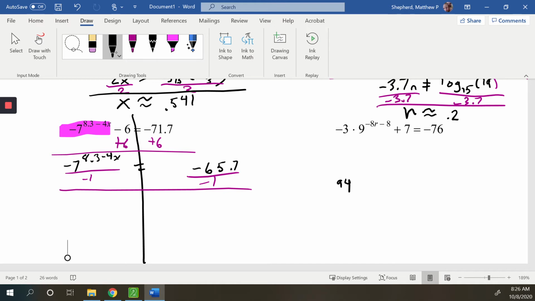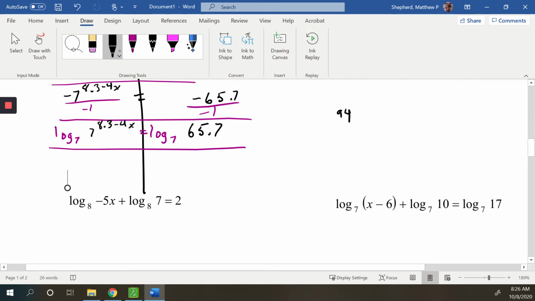Negative divided by negative should give us a positive 8.3 minus 4x, and over here a positive 65.7. All right, and now we are ready to do that log of both sides.